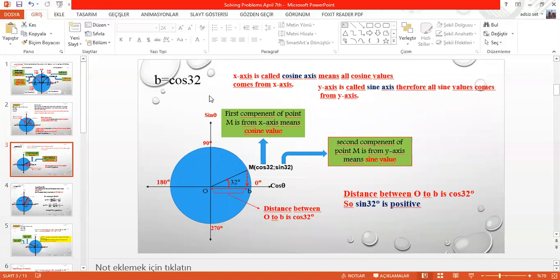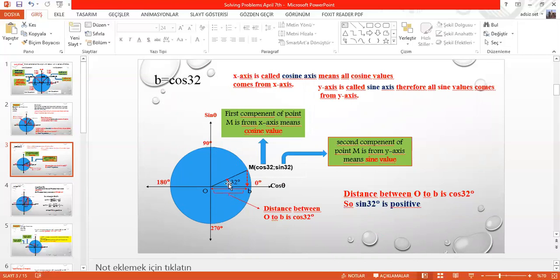Now let's look at cosine 32. Again, 32 is between 0 and 90 degrees, which means cosine 32 is in the first quadrant. You may say, teacher, we have learned that in the first quadrant, all sine, cosine, and tangent are positive. You may say directly that this is positive, but why? Again, take cosine 32.